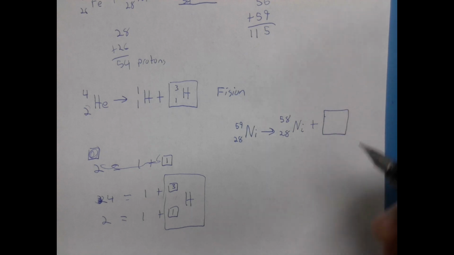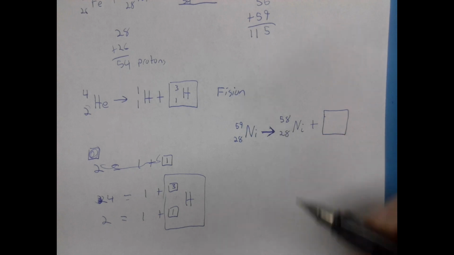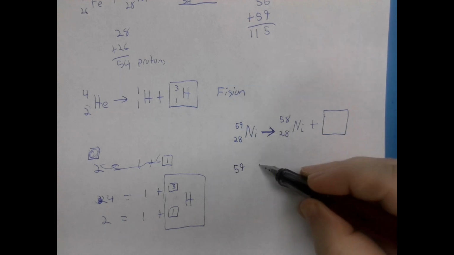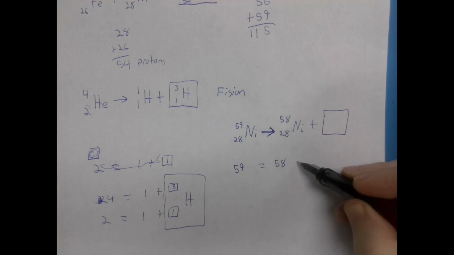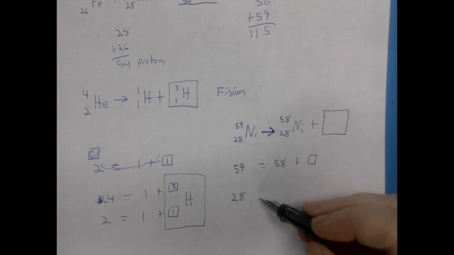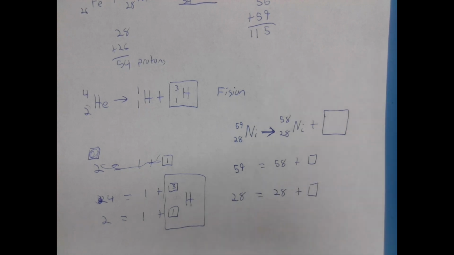Notice there'll be a top number here. So this arrow can be treated like an equal sign. So we have 59 equal to 58 plus the top number. And on the bottom we have 28 is equal to 28 plus the bottom number. So what's the solution for these two equations?